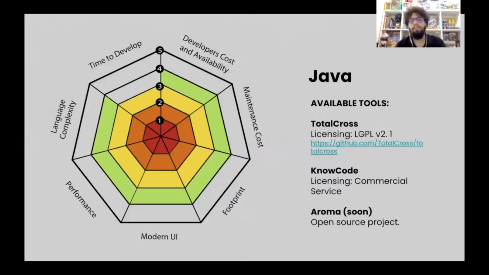So last but not least, Java is a fairly easy to learn and understand language. It doesn't have a high language complexity, but it's also a little more verbose than languages like JavaScript and Python. This translates into a longer time to develop. But it's also very easy to come by developers for Java, especially because it has been for a long time a fairly common language for schools and the broad market in general.